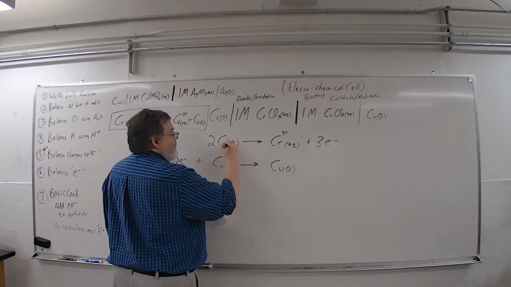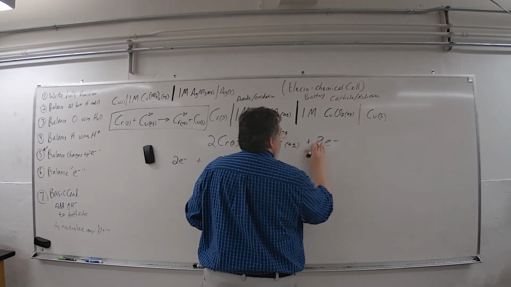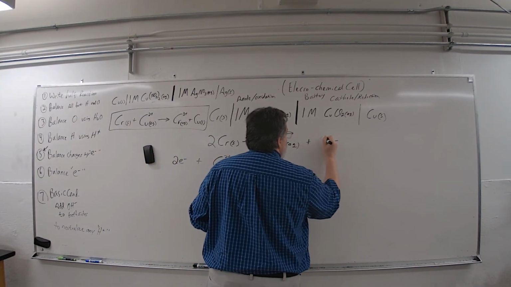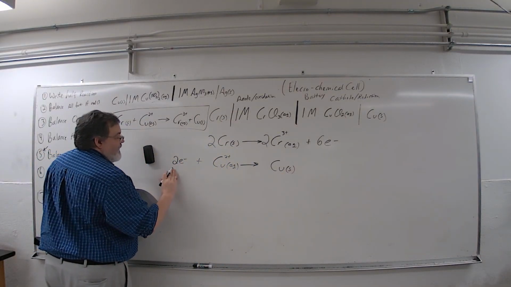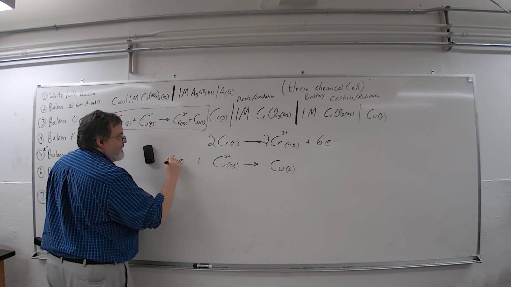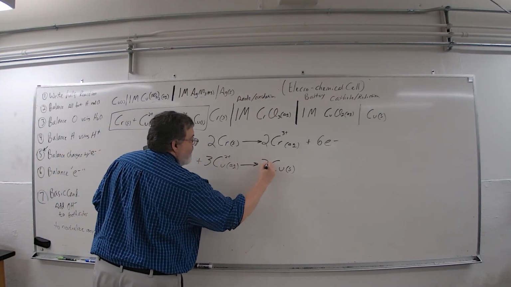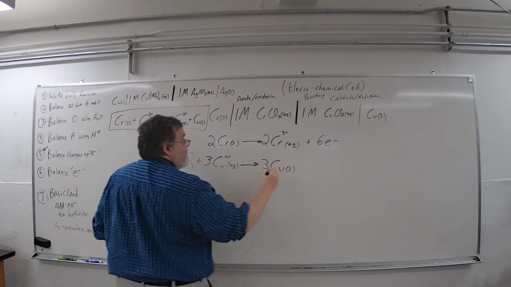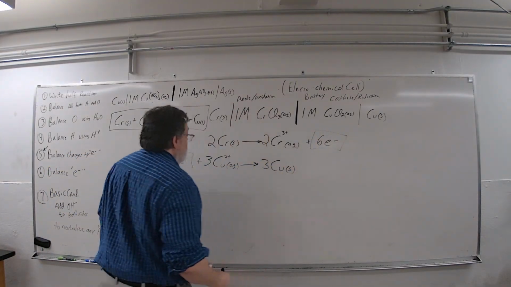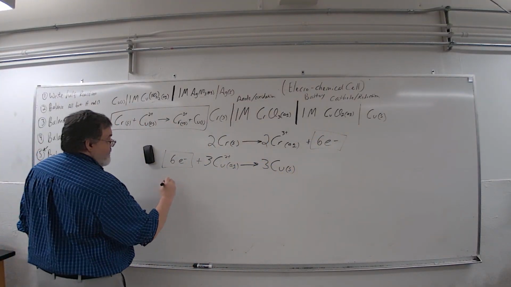So 2 times 3 is 6. And then multiply through here by 3. So 3 times 2 is 6. And then we would chop out the electrons and bring the rest down.